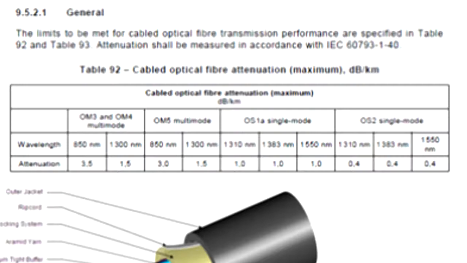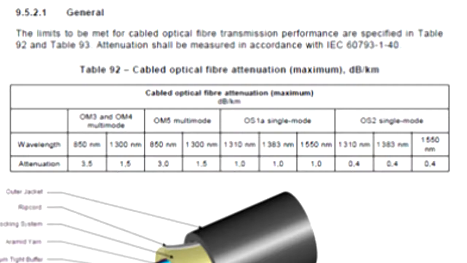Where OS1, which is the tight buffered cable, it's around 1 dB at 1310, at 1383 it's 1, and at 1550 it's 1.0. Normally, whenever we refer to the standard, it says either 1310 or 1550. Now the standard also makes sure that at 1383, which is widely used for zero water peak fibers, it should be 1 dB at 1383 also.